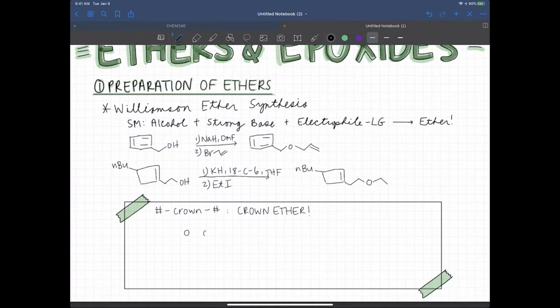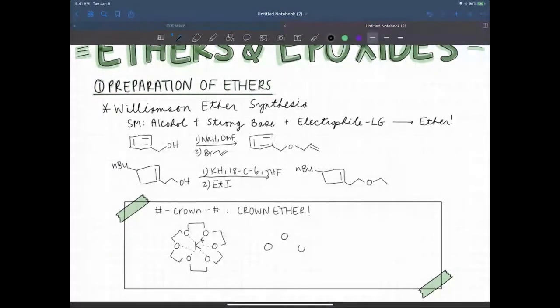So 18 crown 6 looks like this. Okay, and it perfectly holds the potassium ion here, okay? Or if you have 15 crown 5, then it would be this here.